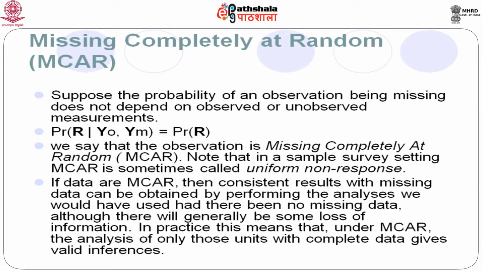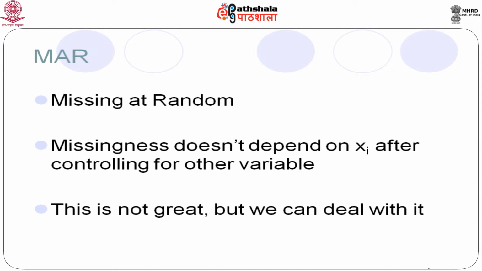Missing completely at random is the simplest type of missingness pattern. What I want to say here is that probability R, whether the observation is missing or not, given y naught and y m, does not depend on the observed or unobserved measurements. All right. So, this is missing completely at random, which is the very simplest, and it is helpful in getting consistent estimates of the parameters.